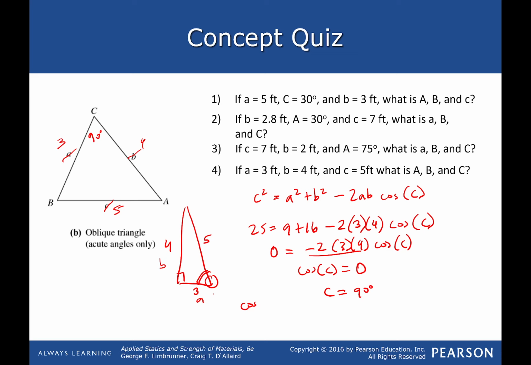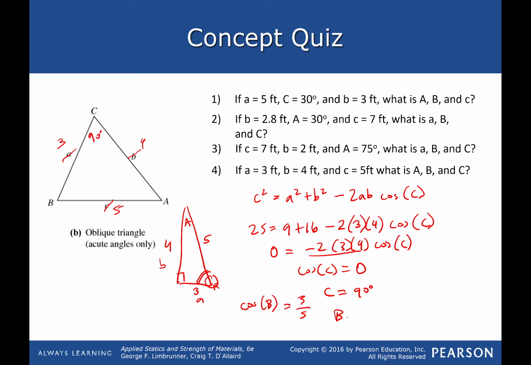So this is angle A, and this is angle B. Okay, so cosine of B is going to be equal to 4 over 5. I just lied to you, 3 over 5.